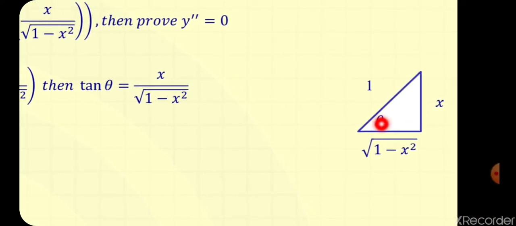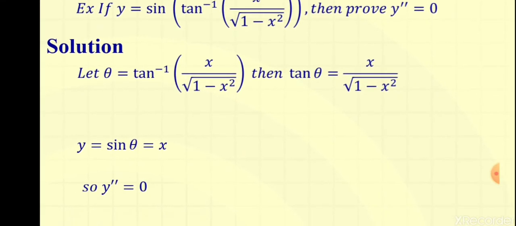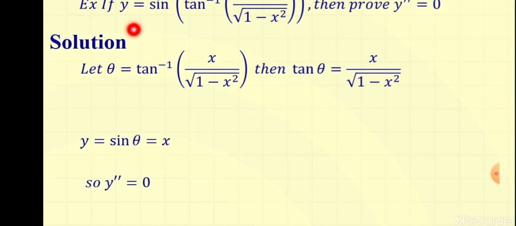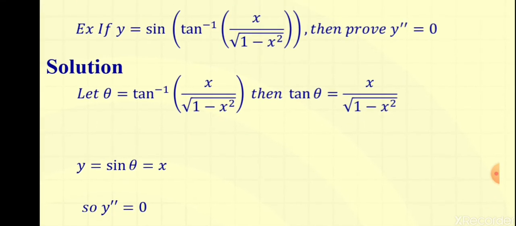This is theta in this right-angled triangle. Tan theta, which is opposite over adjacent: opposite is x, adjacent is root 1 minus x squared. Using the Pythagoras theorem, you can find the length of the hypotenuse, which is 1. Remember that you have to find the derivative of y equals sine theta.